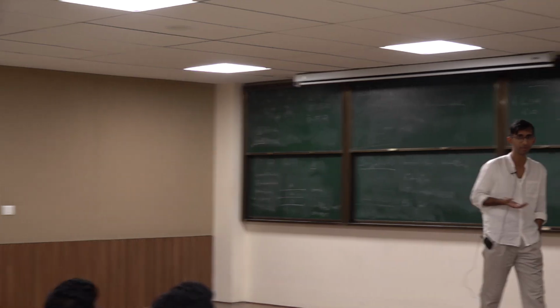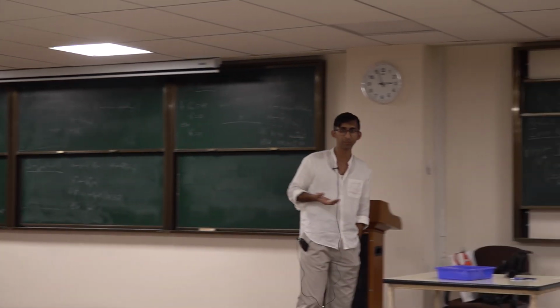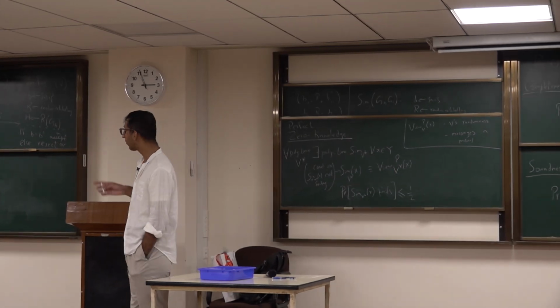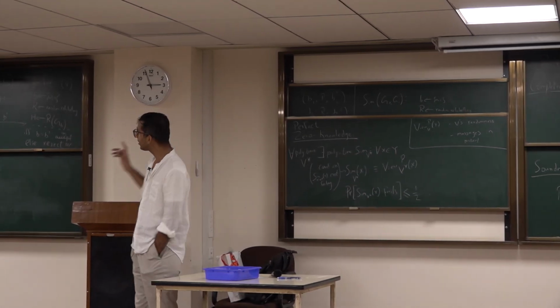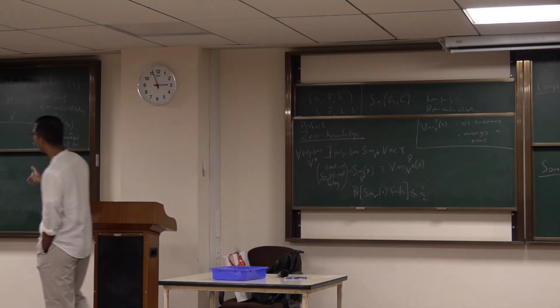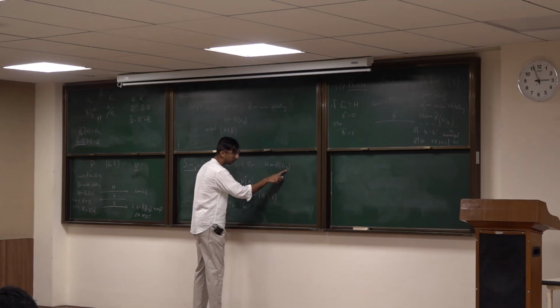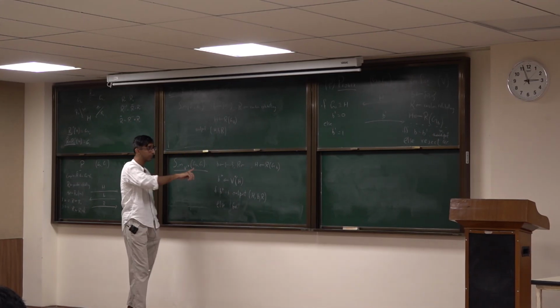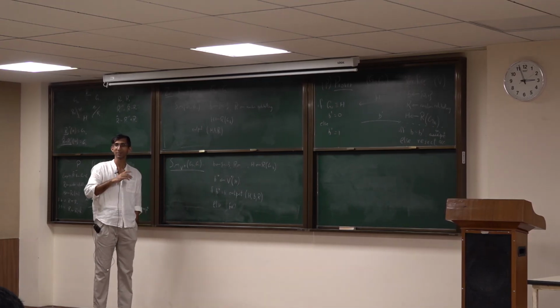So this is true, but why is it true? Because the B star depends on the H, right? And the H can depend on the B, because H is a function of GB and this is a function of B. So there could be information about B in H, right?